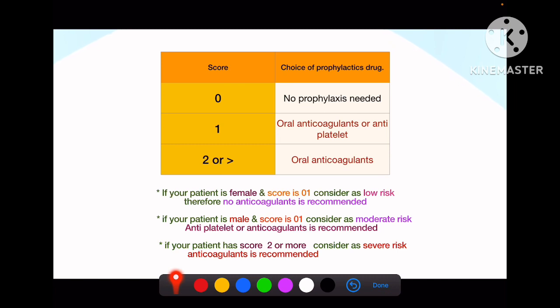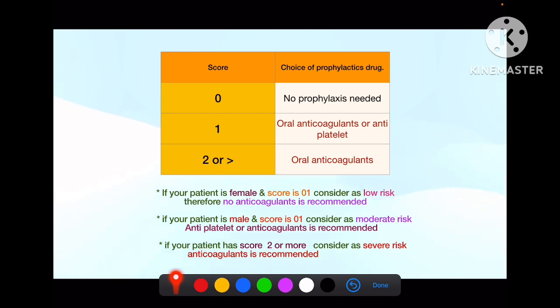If your patient's score is 0, you can consider that patient low risk for developing a stroke in the next 12 months, so you don't need to start any prophylaxis like antiplatelet or anticoagulant. But if your patient's score is 1, then you have to think about starting an antiplatelet or anticoagulant. I will explain why a little later.